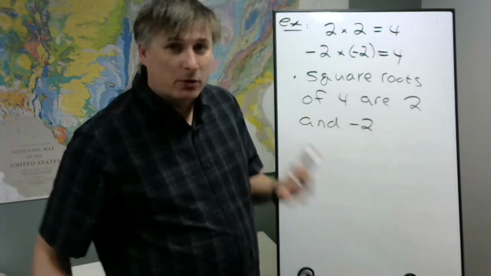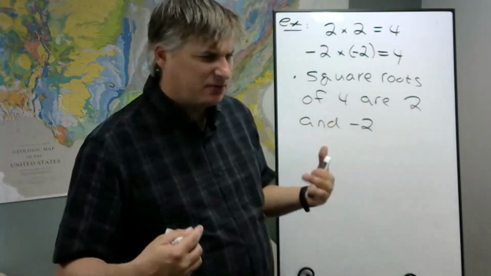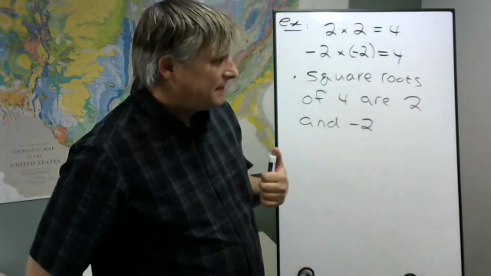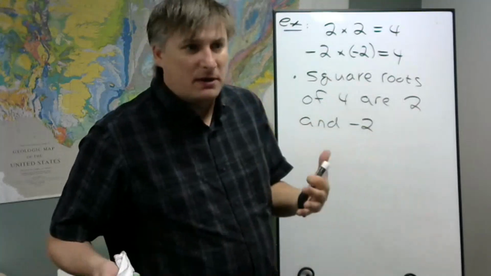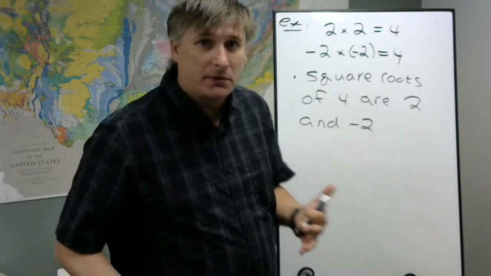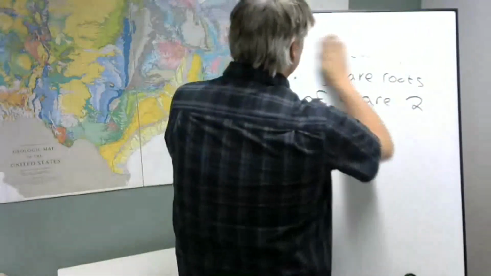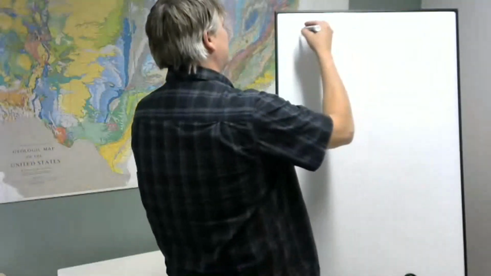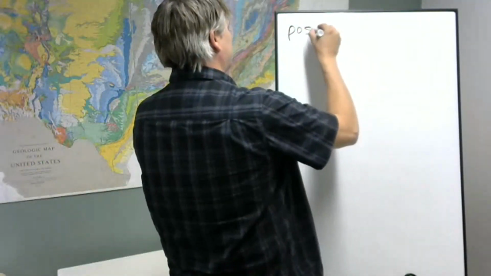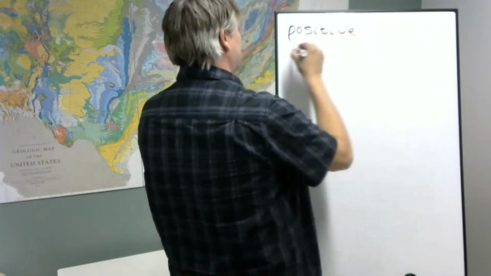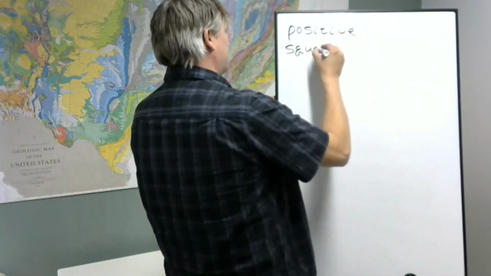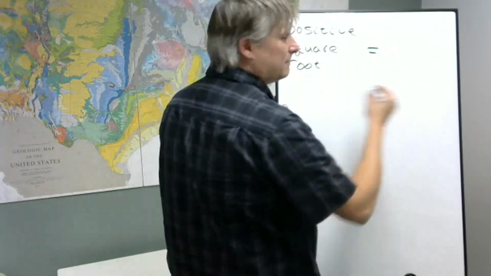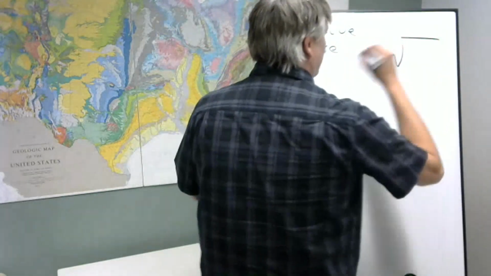So this is how we work with square roots. It's a number times itself, and then that number is the square root of whatever the result is. We're not just going to write sentences out when we do this. We do have symbols. So for the positive square root, we symbolize it with that.